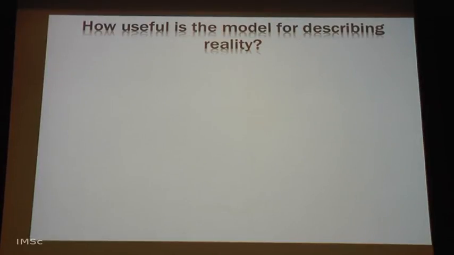So now the question is, how useful is this model for describing reality? I told you we started out with pathogens that go through this cycle. They infect certain cells. Those cells become other cells, and then eventually they produce more pathogen, and the new pathogen infects new cells. You have this cycle. We have the feature that pathogens that do that tend to be able to establish a chronic infection.